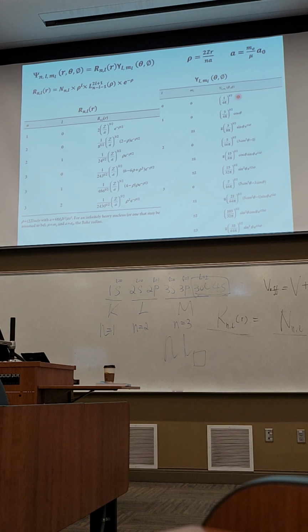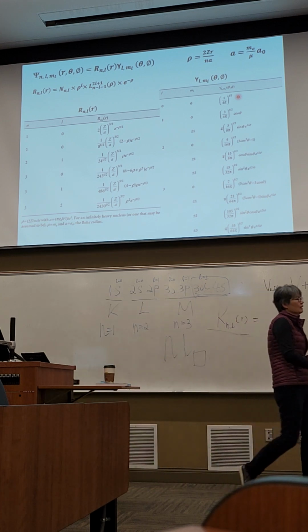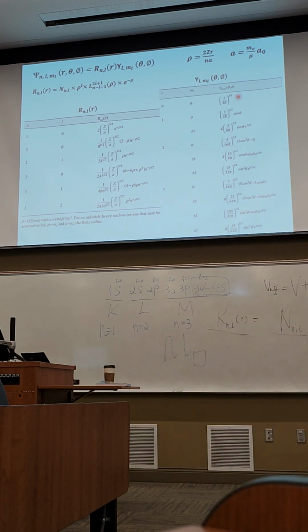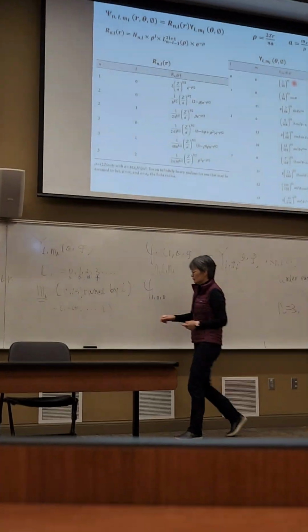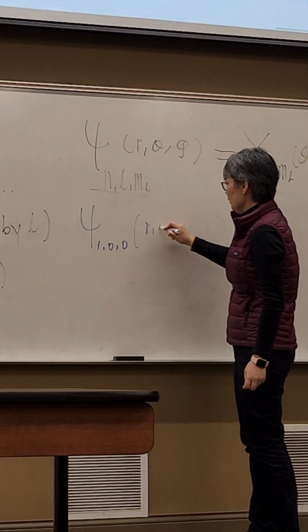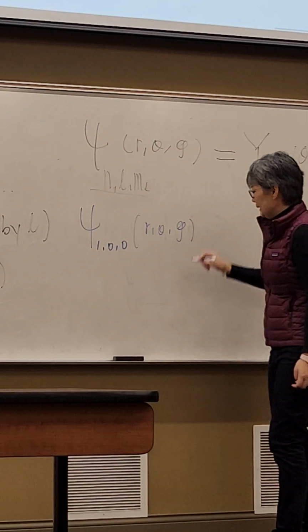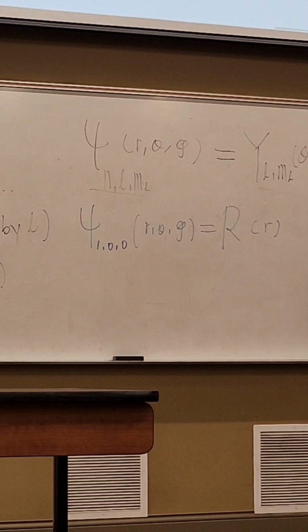What are the quantum numbers for this electron in the hydrogen atom that is at the 100? So this is the total wave function you have, but that equals the two components, the radial component and the angular component.